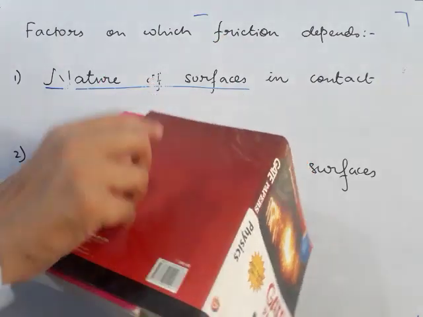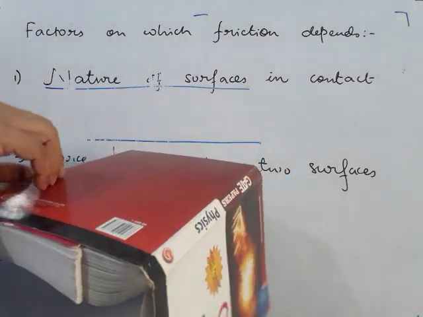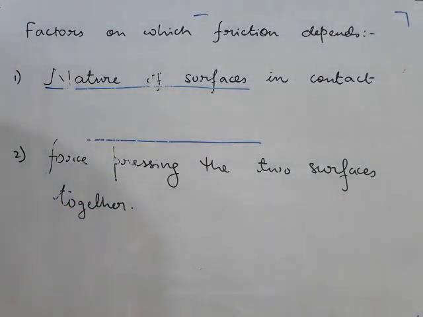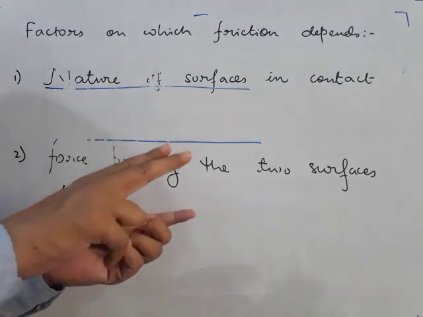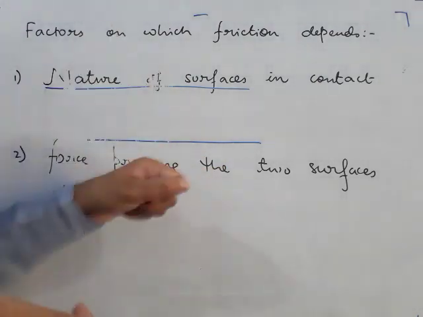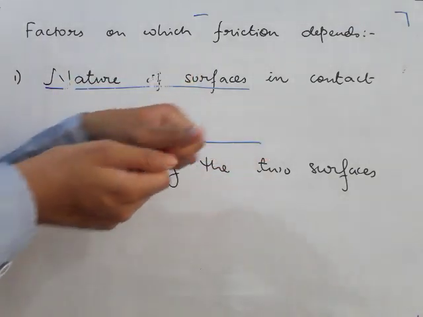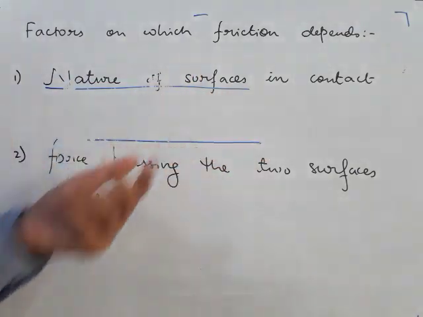So between these two surfaces, there is friction. When we try to pull, the friction between them opposes our force. Now between one pair of pages, the friction is not sufficient. If you take one page and another page, put them together, and try to pull the two pages away from each other, you can easily do it.